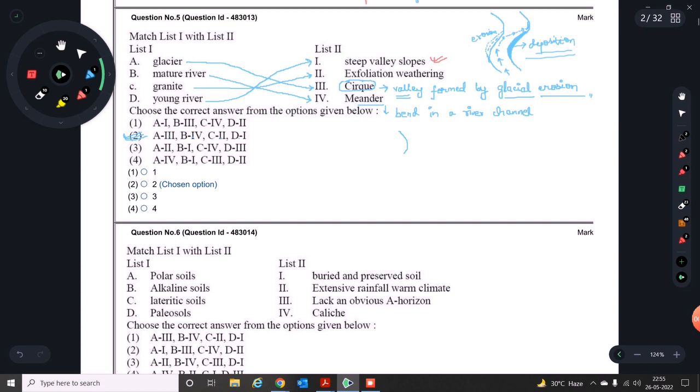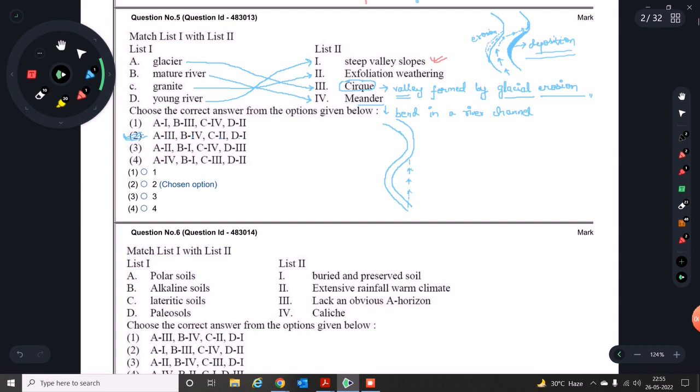Now suppose you have such kind of a bend in the river. At this time, the water will try to find the shortest path.